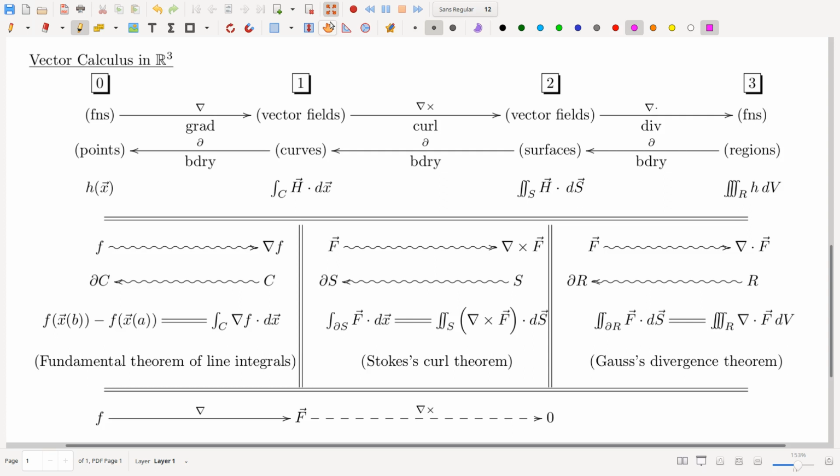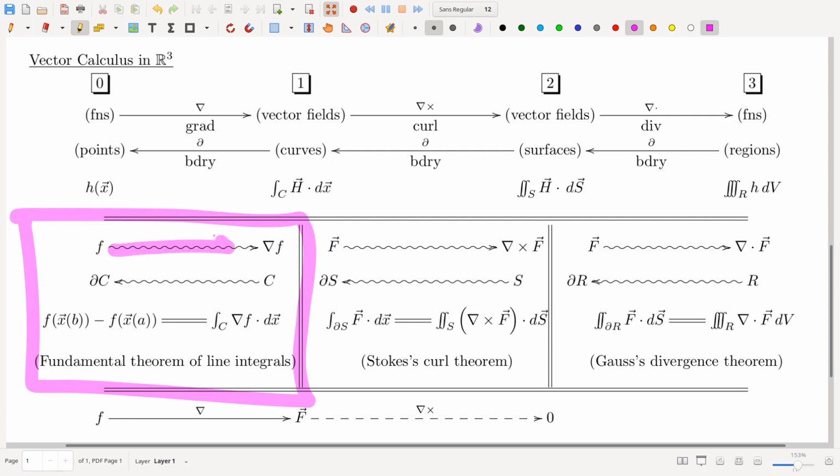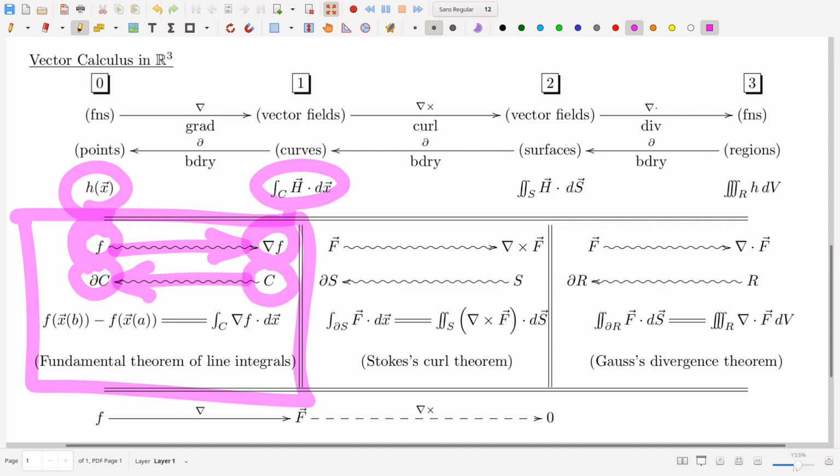The fundamental theorem of line integrals basically says that, let me circle it here, if you take a function and push it forward on the diagram, or if you take a curve and push it back on the diagram like this, then the evaluation of that function on those 2 points, and the line integral of this gradient vector field over our original curve, you get the same thing either way, right?